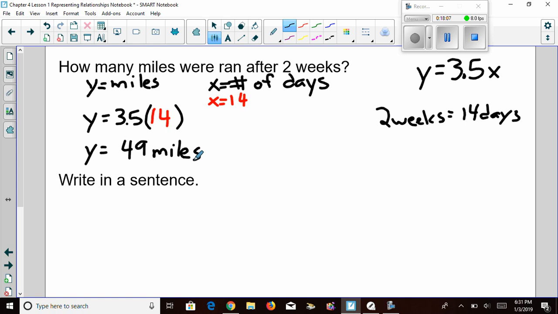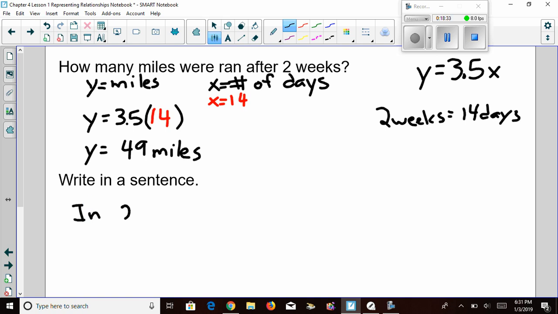Now that statement I just said, that in 2 weeks you would run 49 miles, that is the final part to what's going on. Because now we're being asked to write in a sentence what this answer means. So we're going to write exactly as I said.